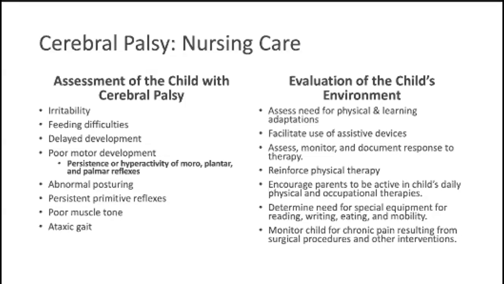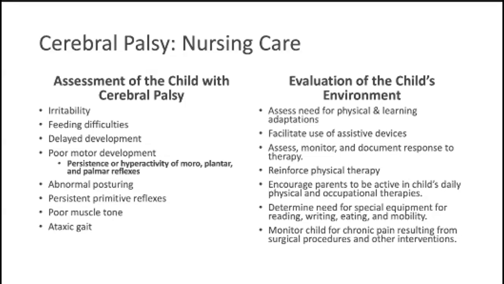Nursing care. So, your overarching goal is to preserve muscle tone and prevent contractures. Assessment of children with this, we want to monitor at-risk infants for early signs like irritability, feeding difficulty, delayed developmental milestones, poor motor development, abnormal posturing, persistent primitive reflexes.